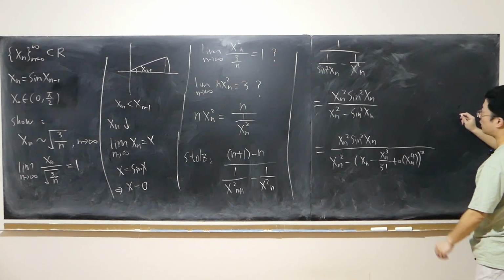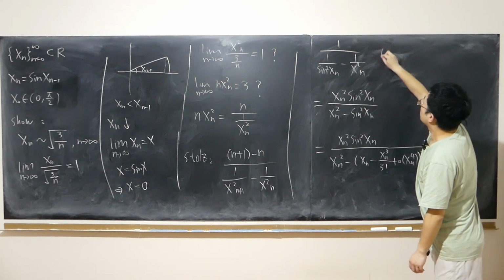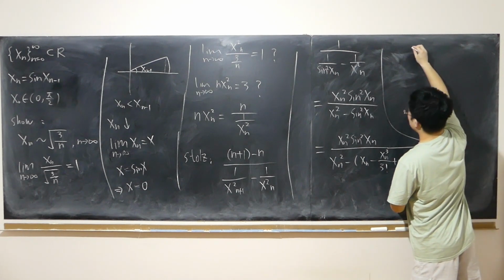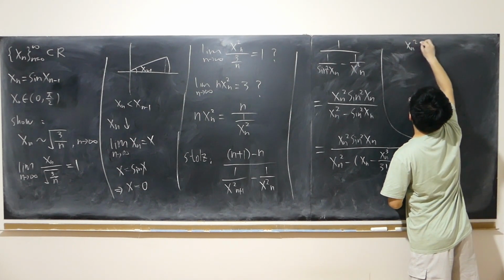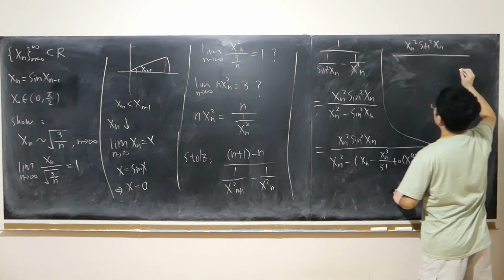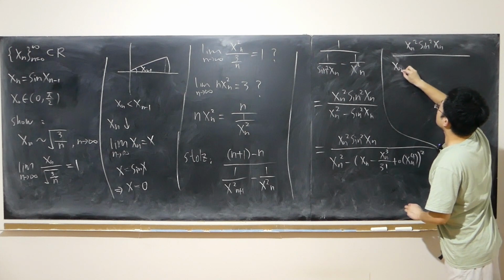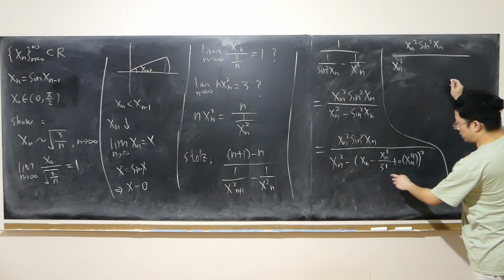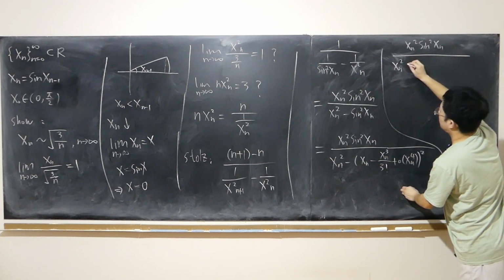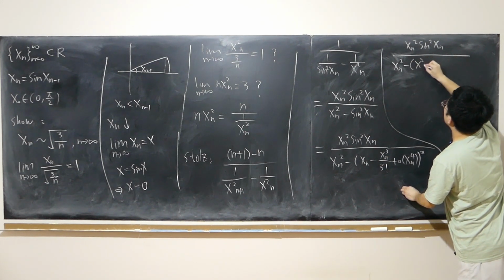As we multiply out everything, for sine square xn, we first use this term multiplied by itself, giving xn squared.